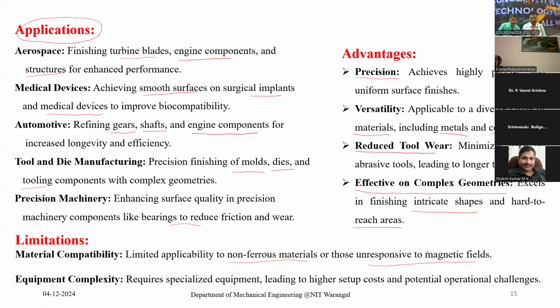That's why we use materials which are not affected by the magnetic field, that is, non-ferrous materials or any other metals which are unresponsive to magnetic fields. And also it requires some special setup, like we need to arrange this flexible magnetic abrasive brush, then only we can use it.